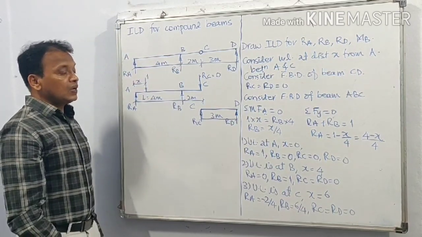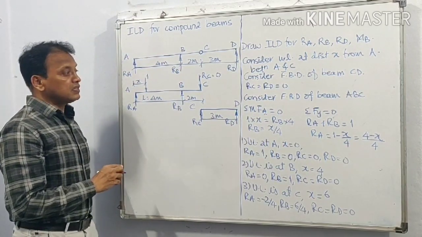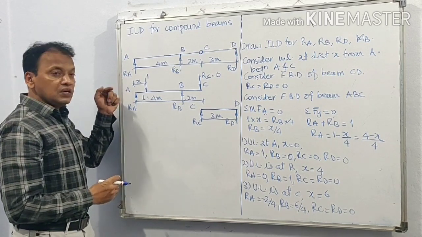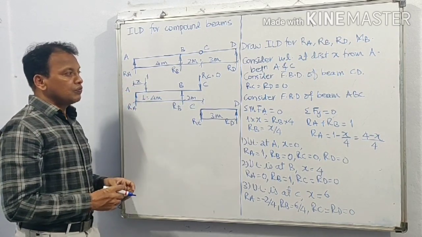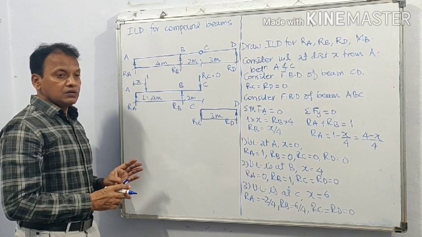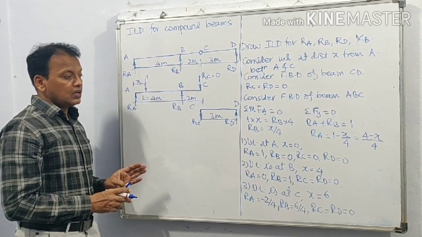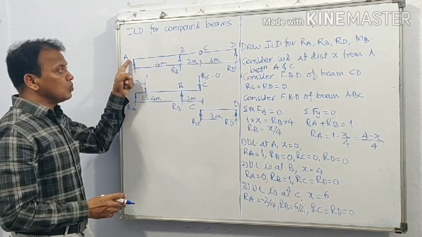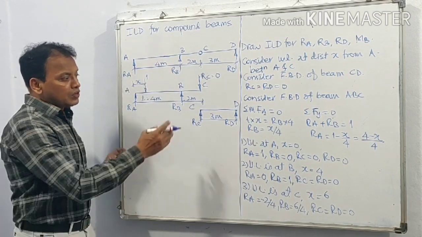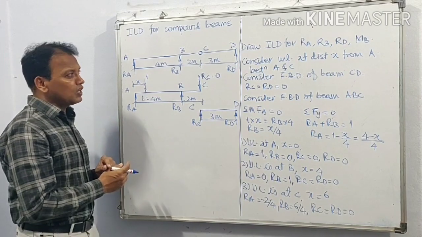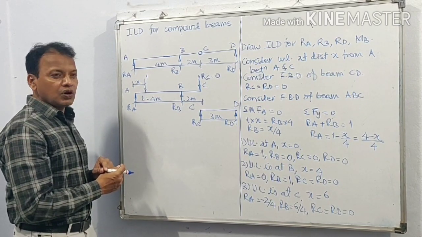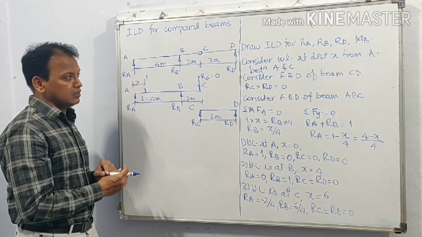Thus, here when unit load moves from A to C, we have calculated reactions RA, RB, RC and RD for various positions of unit load from A to C. Using these, we can draw influence line diagrams for RA, RB, RC and RD.